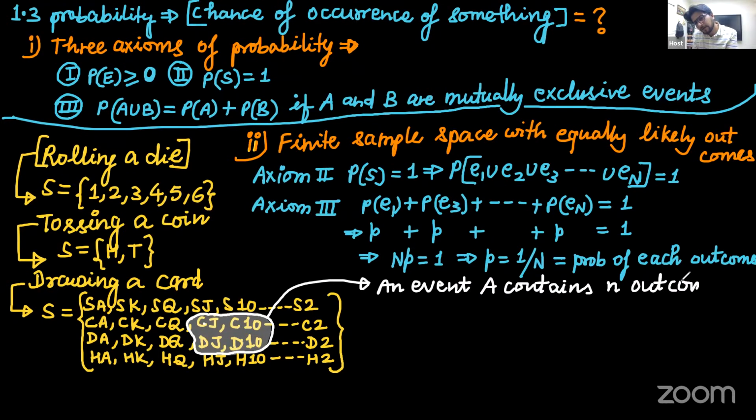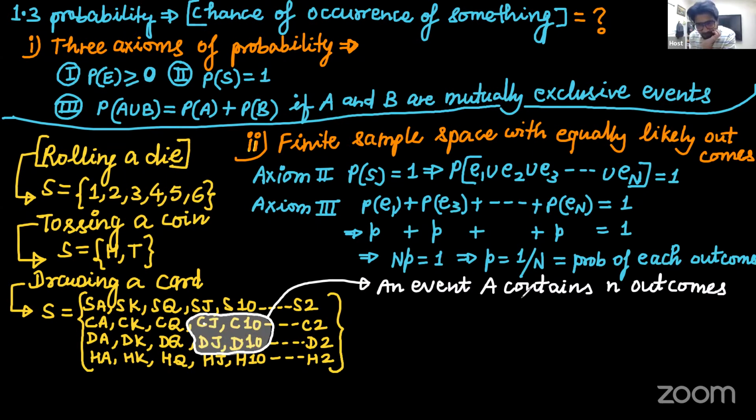For example, getting an even number when you are rolling a die, getting an odd number, getting a red color card when you draw a card, getting a jack or a 10 of club or diamond. Just like I have said, if you define that kind of event.